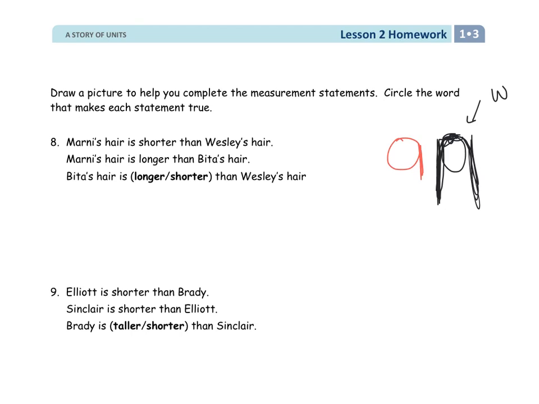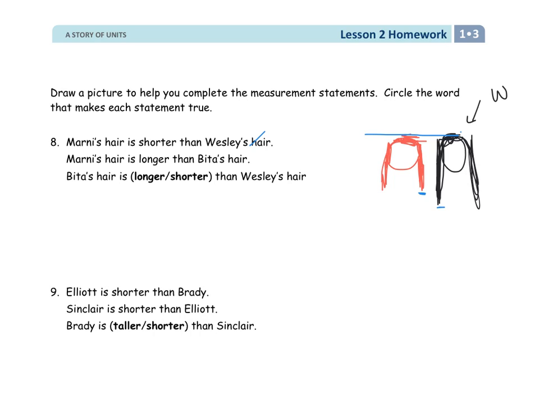So I'm going to go right there. And notice I'm trying to do a good end point to show that. I see that my end points are all going to be right up on the top there. Marnie's is right there, and Wesley's is right there. So I got that part set.